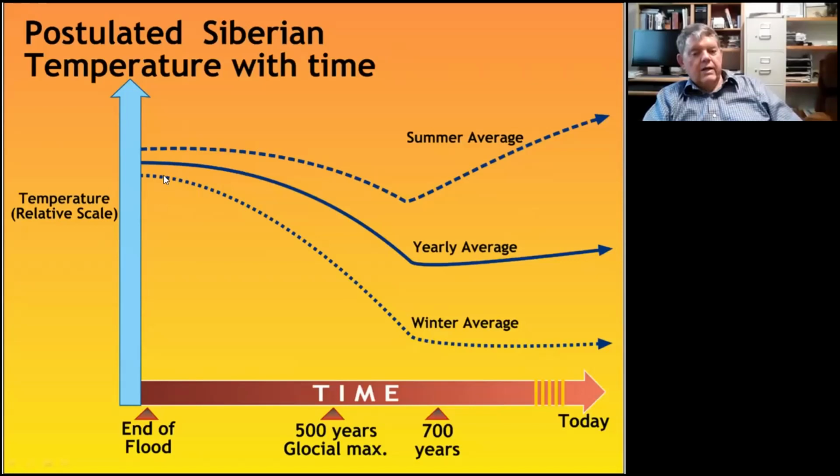It's because there was little seasonal contrast early in the ice age. But as time went on, less volcanism, cooler ocean temperatures, the temperatures would cool and the winters would become even colder than today. And the summers would warm up. And it was during this time that the woolly mammoths went extinct.